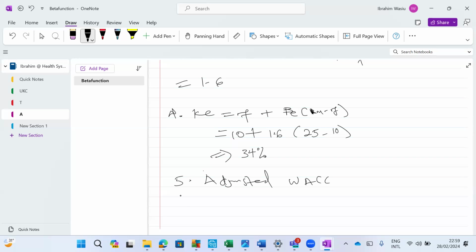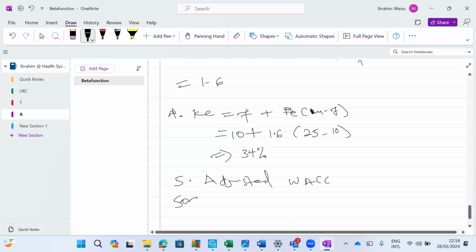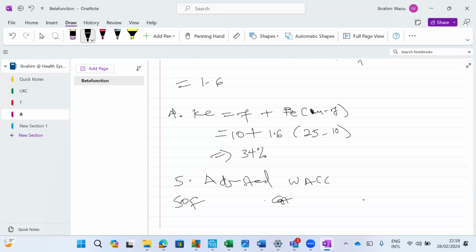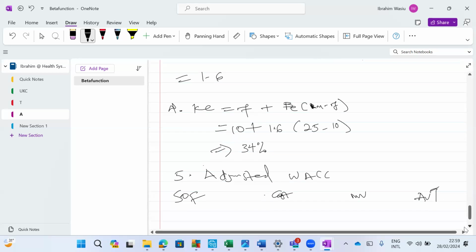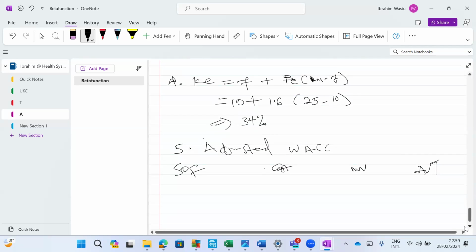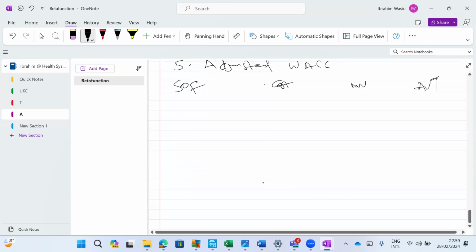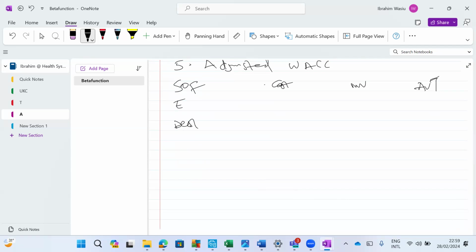You should calculate your weighted cost for your sources of finance: cost, market value, total. We have equity and we have debt.